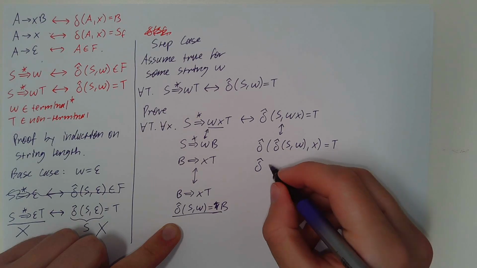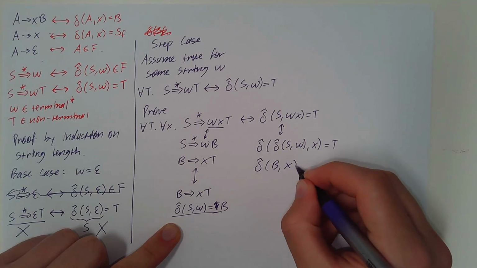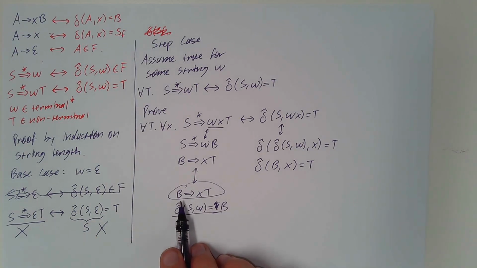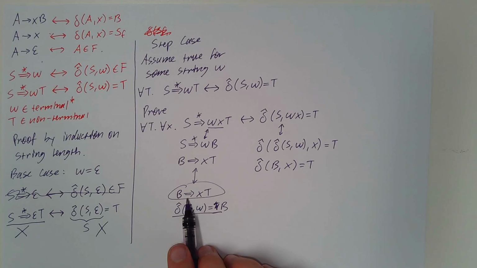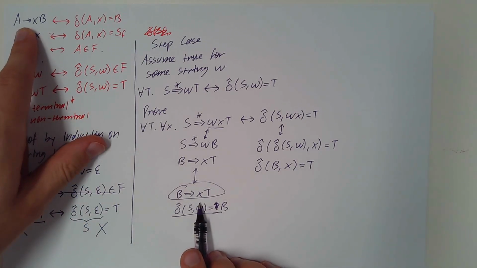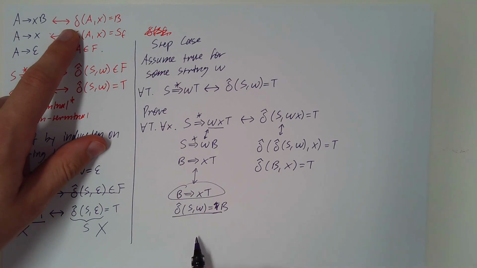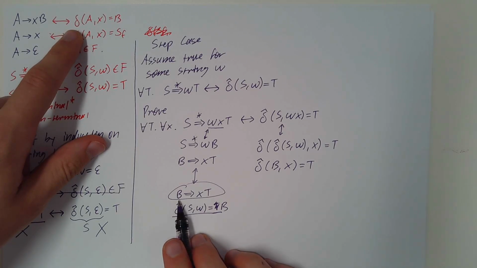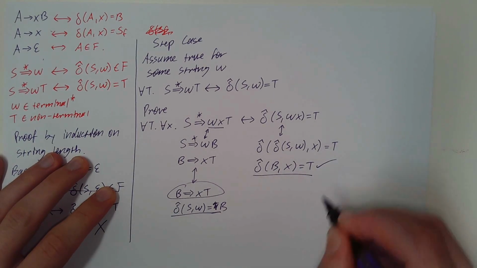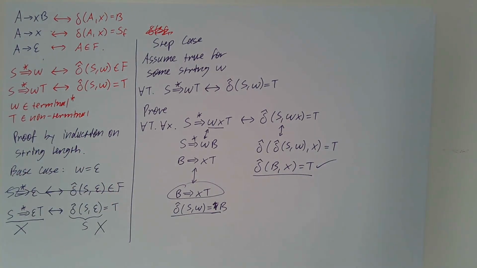If we have a derivation of the form B goes to XT, then by the definition of how I've constructed my transition function, delta from the state B reading X goes to T. That confirms this property, and that proves the step case, which proves the property we wanted to show.